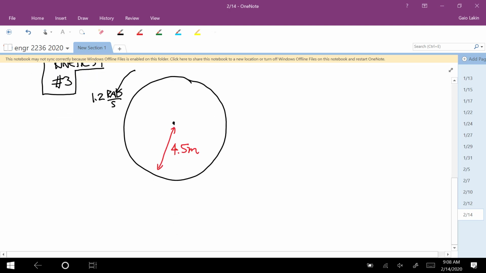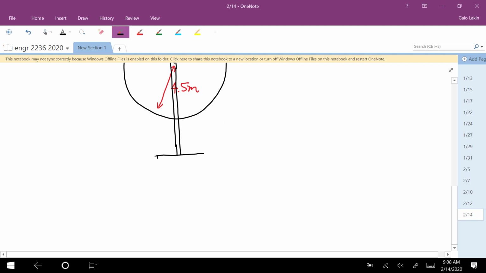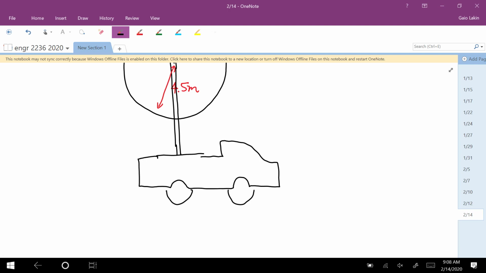And the Ferris wheel is mounted to a car. And the car is accelerating, which is speeding up. Oh, a train car. Well, that's going to have to do.